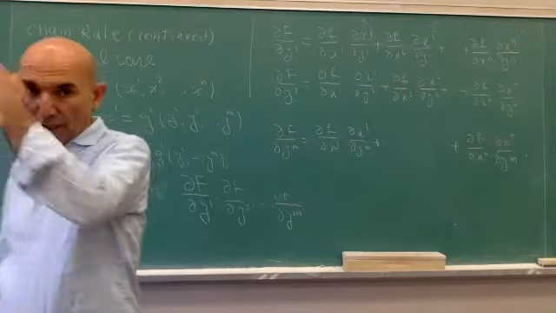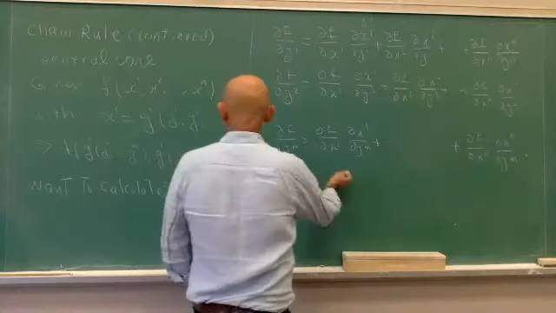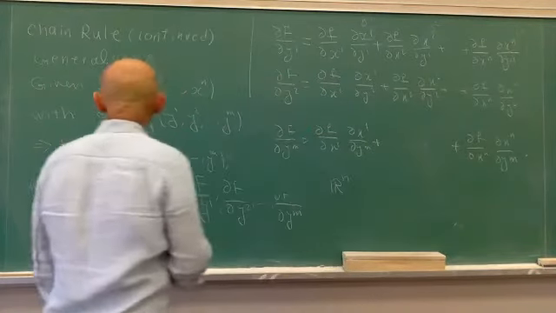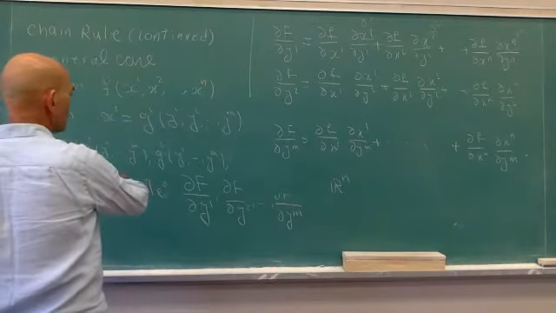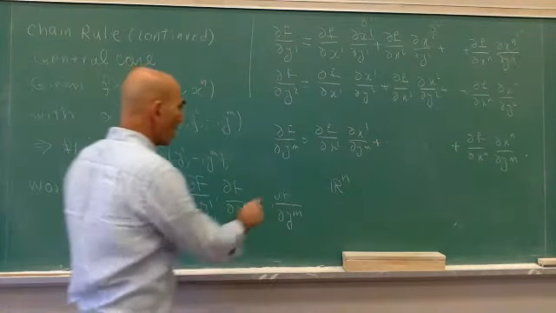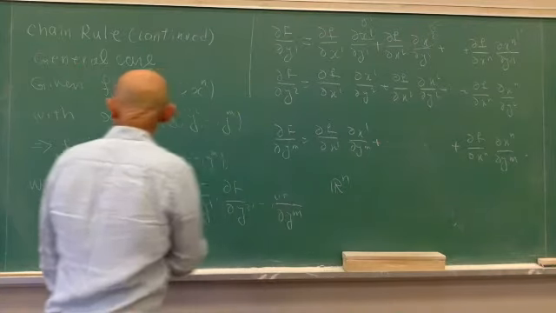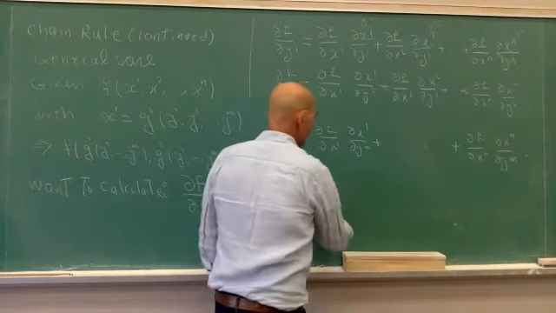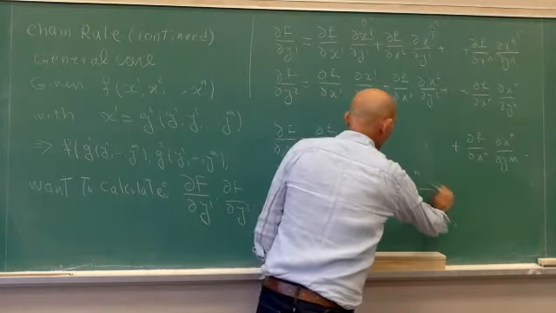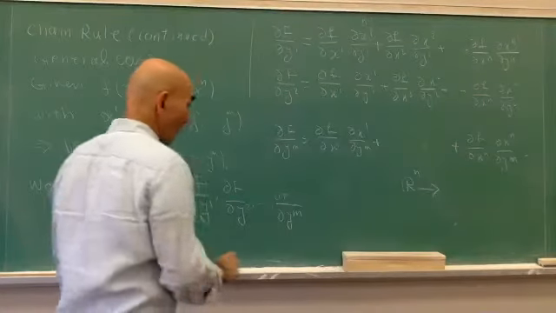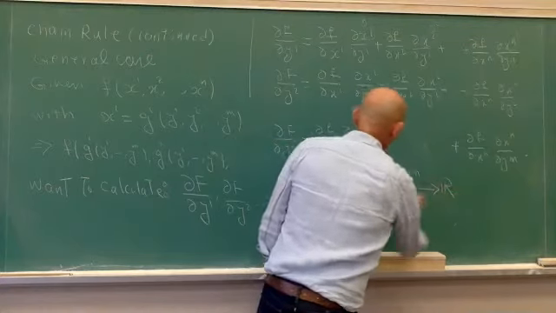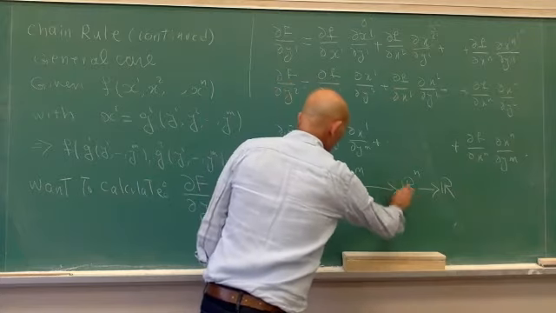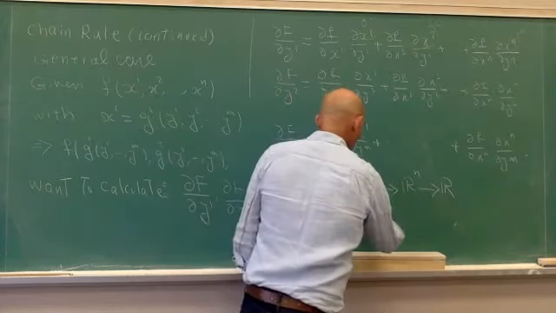So this is the general case. We have a function from Rn to R, and here I have a function from Rm to Rn, and then we compose these two.